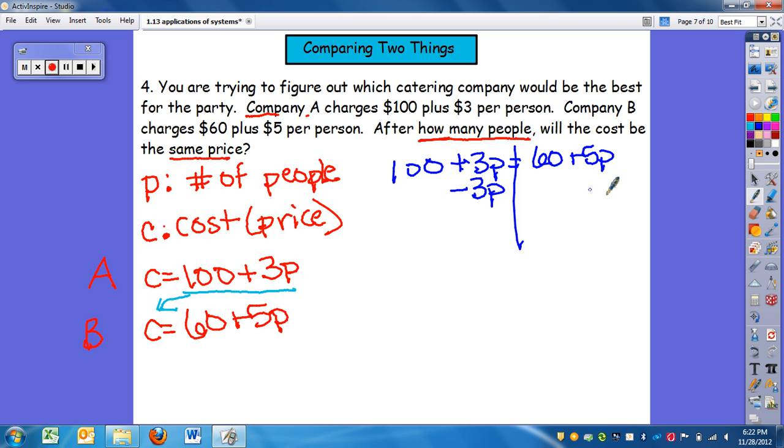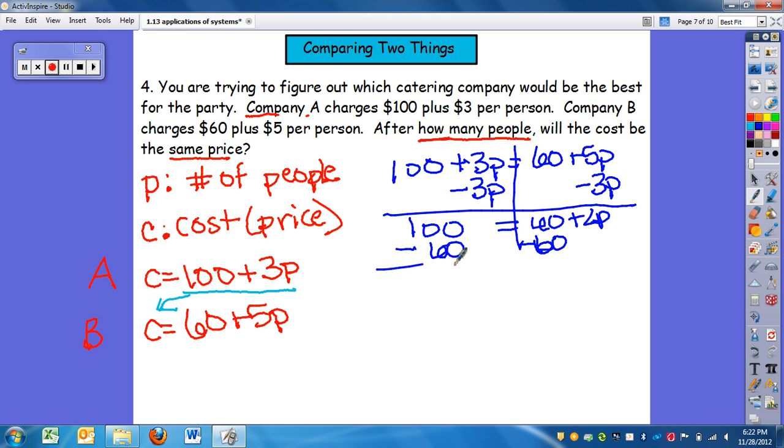Solve for my P, which stands for the number of people for which these 2 companies cost the same. That gives 40 equals 2P. Divide by 2.